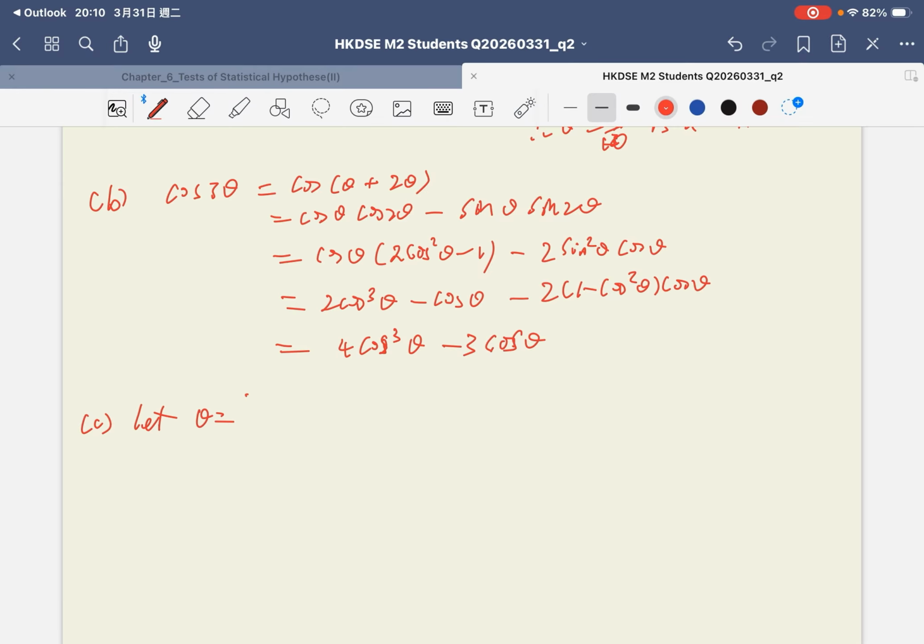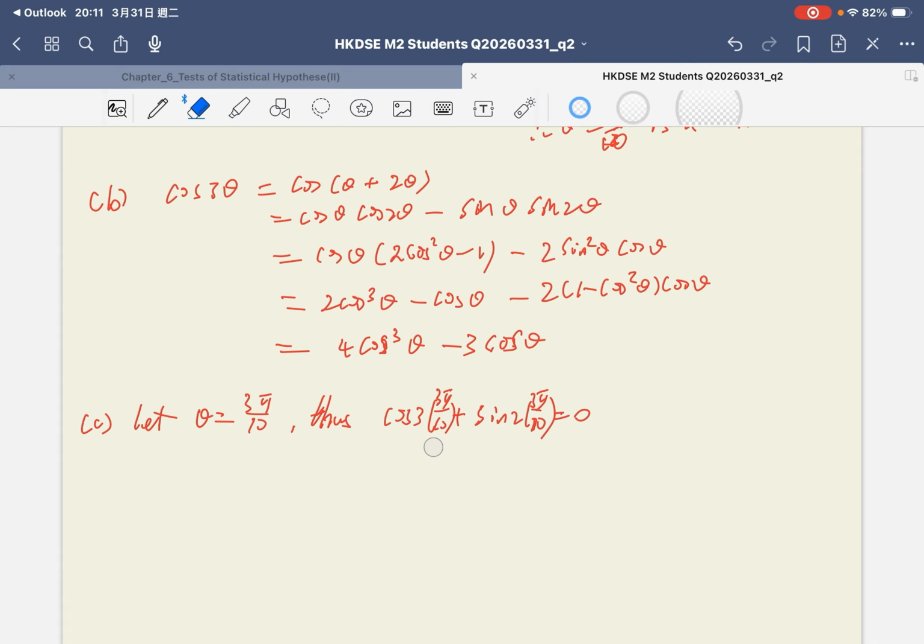Let θ equal to 3π over 10. Thus, cosine 3θ plus sine 2θ equals 0. You will understand why I choose θ to represent 3π over 10, because it is too complicated otherwise.